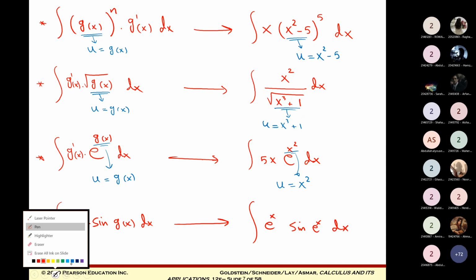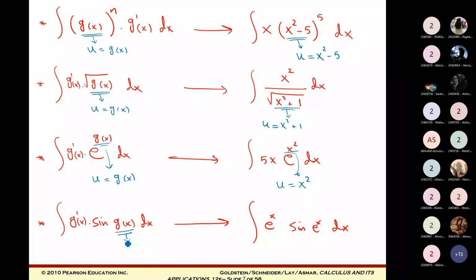Here we suppose g of x equals u, so inside the sine, the angle of the sine, we suppose equals u. And outside of the sine we have the derivative. Okay, these are the cases. We take them one by one.